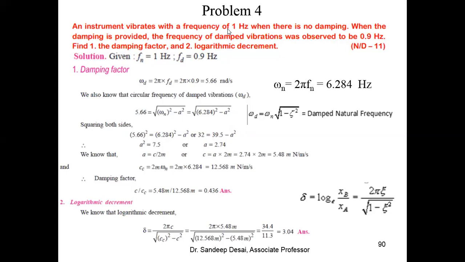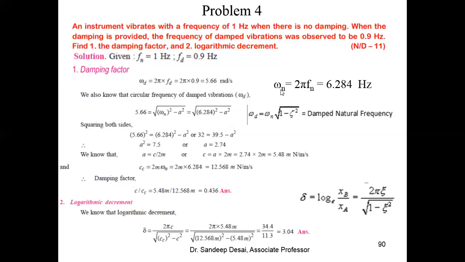Here natural frequencies in this problem statement are given in hertz. You can convert them into radians per second, because this is the expression that will help you to convert from hertz to radians per second. If it is given in hertz, in radians per second, omega d is equal to 2 pi into fd.